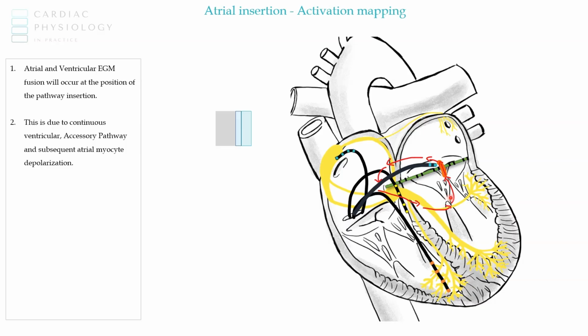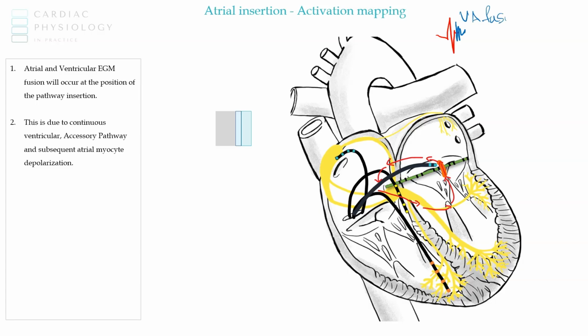Ventricular myocytes are depolarizing here, and then immediately atrial myocytes are depolarizing here. And this results in an immediate V electrogram, and immediately you'll get an atrial electrogram occurring here. So we have what we call VA fusion.